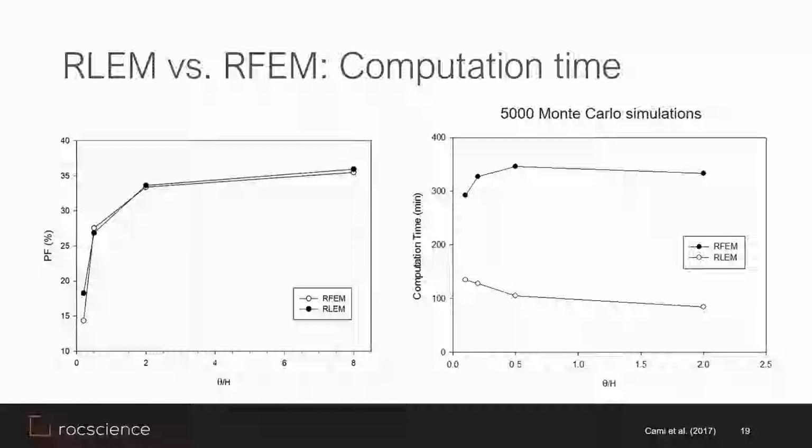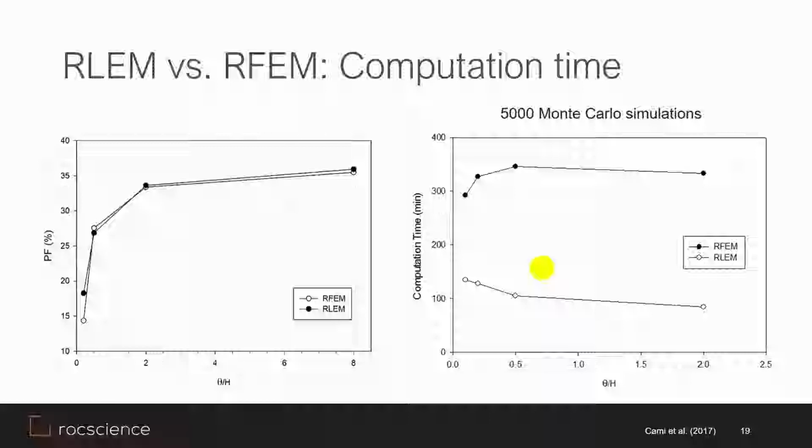This is another example of simple slopes using both methods. As you can see, both RLEM and RFEM, the left figure, give the same probability of failure for the same value of the spatial correlation length. However, the right plot shows that the computation time using random limit equilibrium method was 25% to 46% of the time required to complete the matching RFEM simulation.